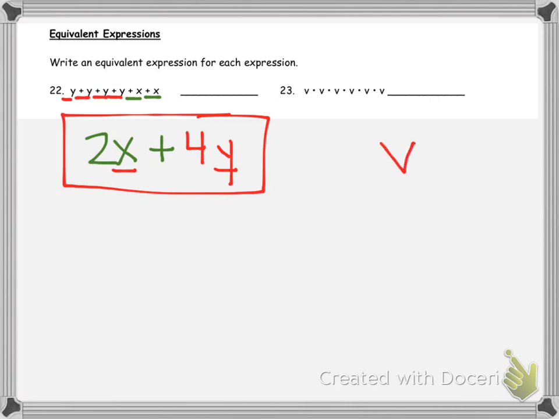And then this exponent is going to tell me how many v's I'm multiplying together. So if I just count them, 1, 2, 3, 4, 5, 6, there are 6 v's multiplied together. So this is v to the 6th power. And what you have to remember is repeated multiplication is an exponent, and repeated addition is multiplication.